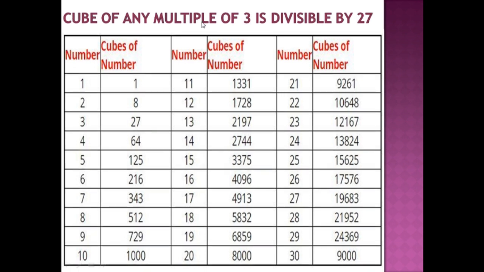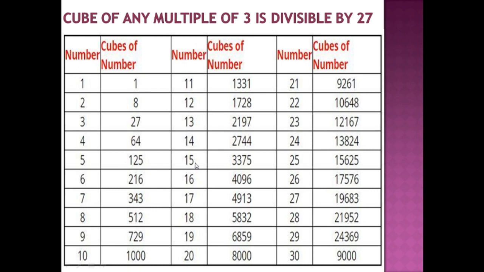The cube of any multiple of 3 is divisible by 27. Now we will choose any number from this table. We have the cubes of numbers 1 to 30. Choose any number which is a multiple of 3, which is in the table of 3.